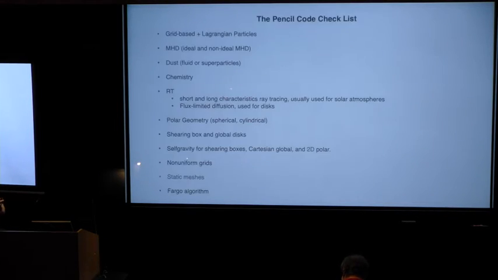The next one. So the checklist of what the code has: it's grid-based. It has particles, MHD, either ideal or non-ideal. The dust can be implemented either by multifluid or superparticles. There is a module for chemistry.